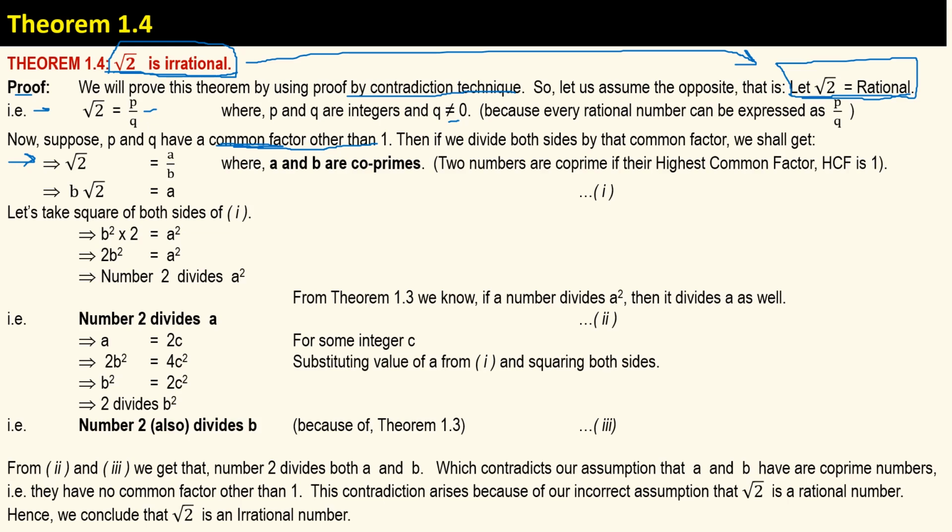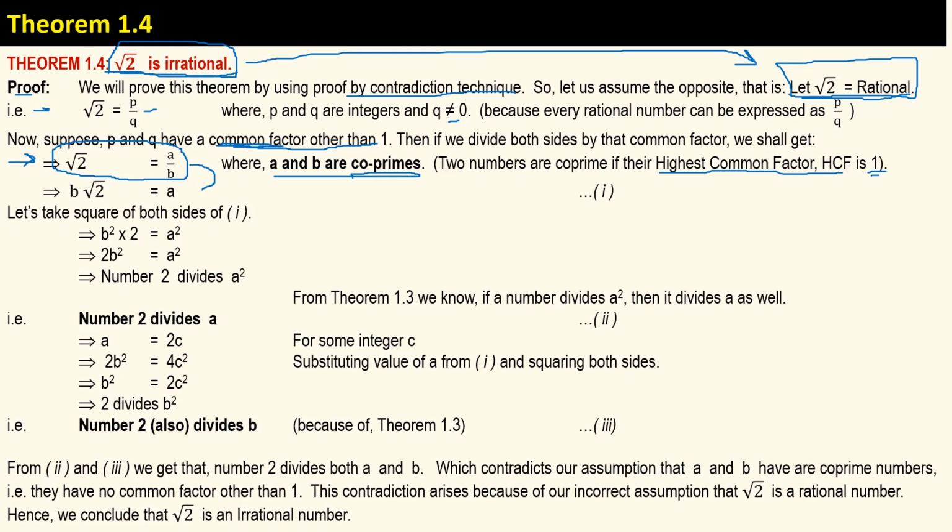And then after dividing, we get that square root of 2 is equal to a divided by b, where a and b are co-primes, meaning there is no common factor among these two numbers other than 1. In other words, the highest common factor of both these numbers is 1.